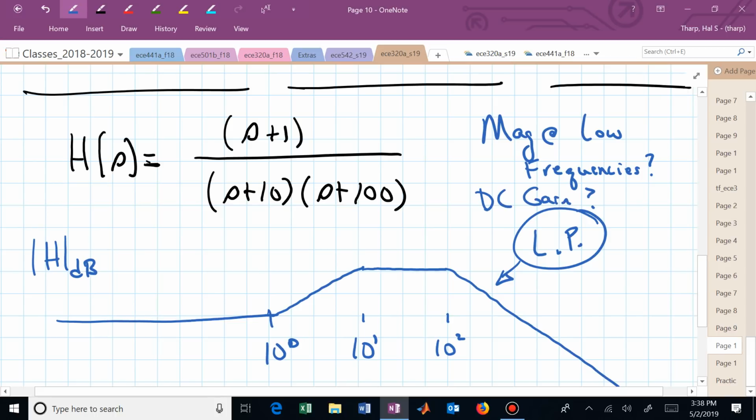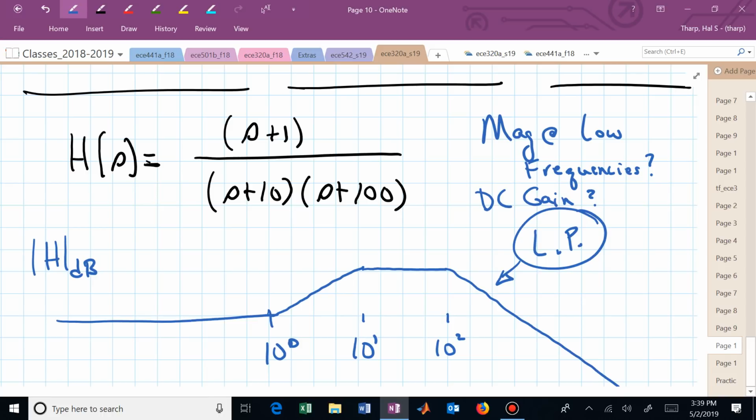Do you have a DC gain? Is H of S bounded when S is equal to 0? Yes. So DC is pretty low. That's low frequency. You could say, okay, my low frequency gain, I'm going to find the DC gain.